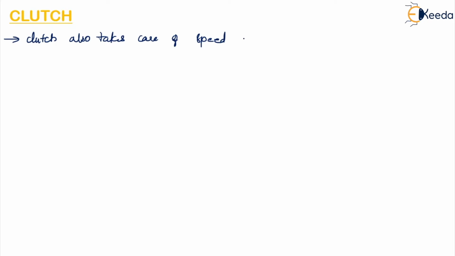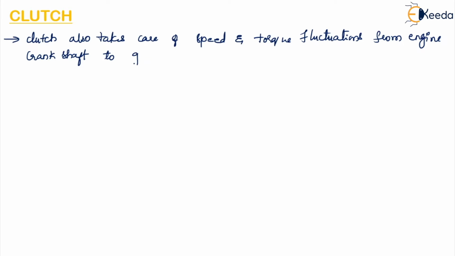So from the crankshaft to the gearbox input shaft, the fluctuations that take place in speed and torque are taken care of by the clutch, because the clutch is made up of friction material.